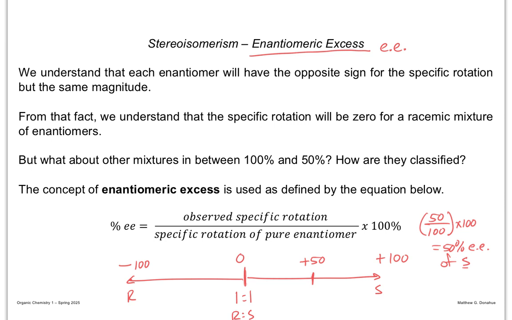So let me state it another way. We know that the pure S is plus 100, and our sample is measuring at plus 50. So the total amount of S in there is 75%.